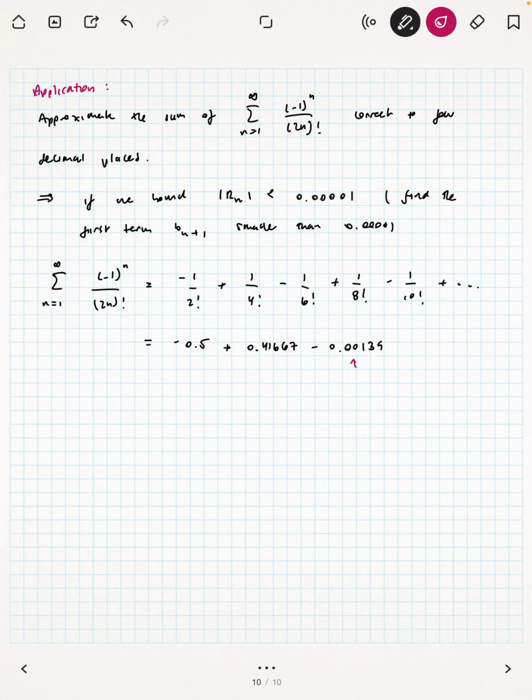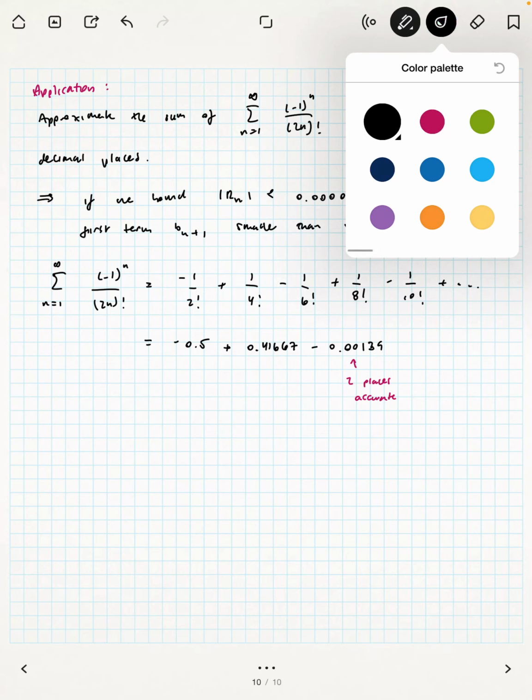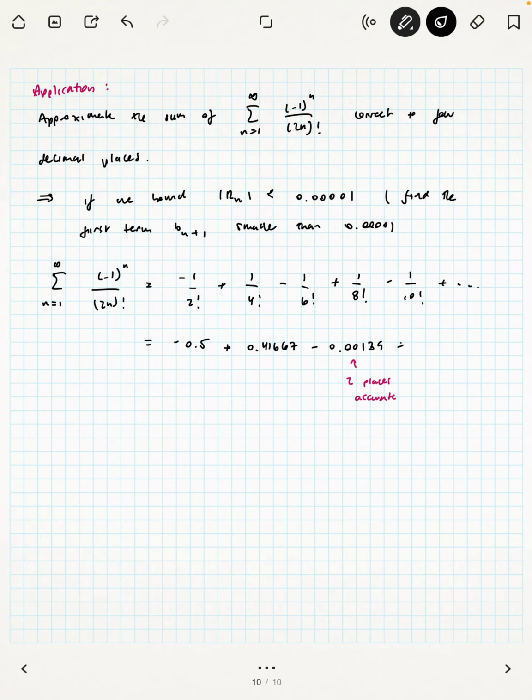So one thing that I want you to notice is by this theorem, after this term, we are accurate to 2 places after the decimal point, which is pretty powerful, okay? We only needed to go out to 3 terms. And this guarantees it, right?